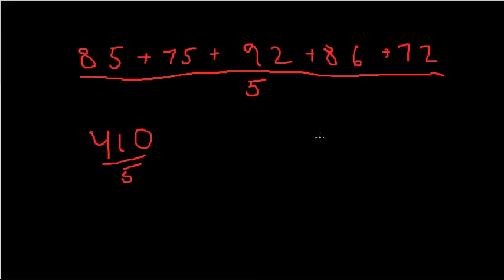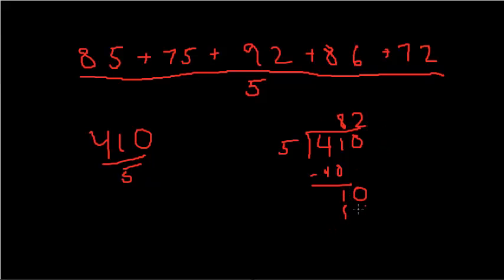So let's go ahead and do that division. 410 divided by 5. 5 doesn't go into 4, but it goes into 41 8 times. 8 times 5 is 40. We have 1 left over, bring down our 0. 5 goes into 10 twice. 2 times 5 is 10. We have none left over. So my average test score is 82.